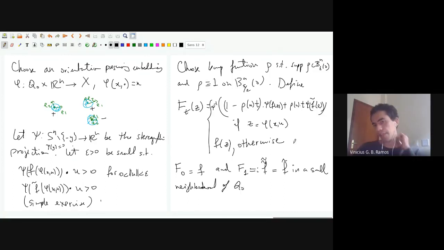So it's exactly going to be equal in this neighborhood given by q0 times this ball of radius epsilon over 2. So there's a little tiny ball where it is equal to f tilde.